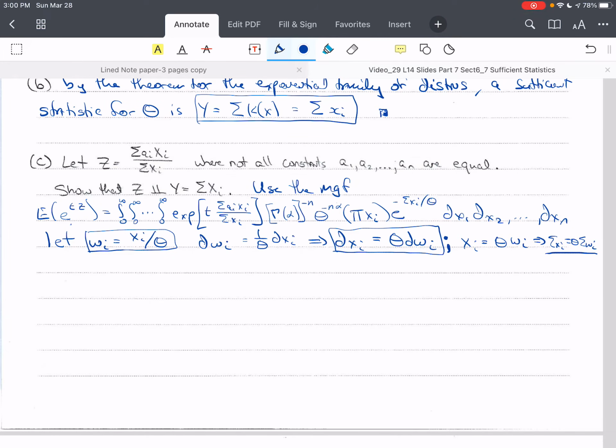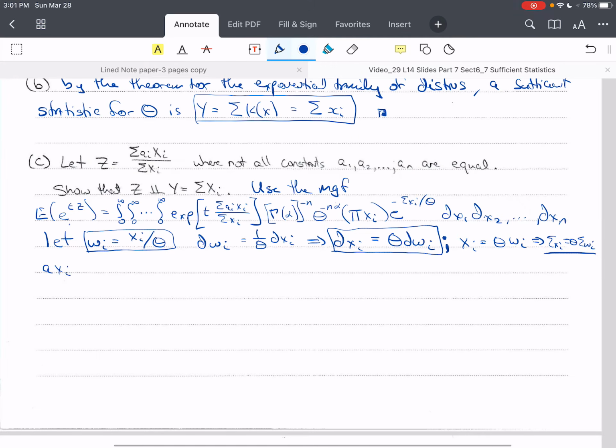So we'll need this as well. Okay? And then a times x sub i is going to be a_i times theta w sub i. We just used this expression here and multiplied both sides by a sub i. And I missed my sub i there.